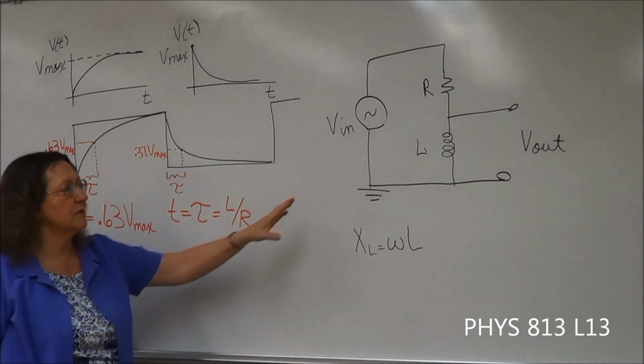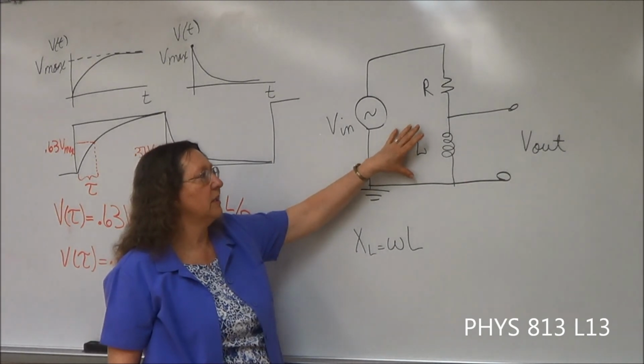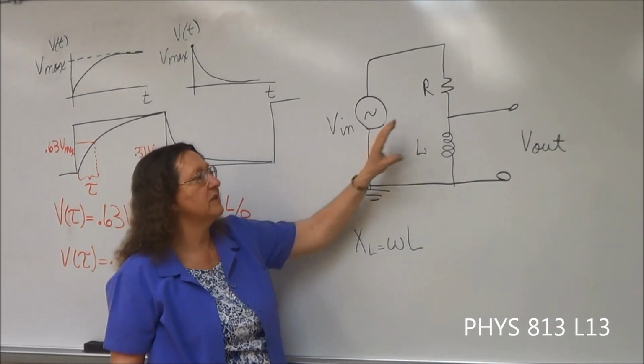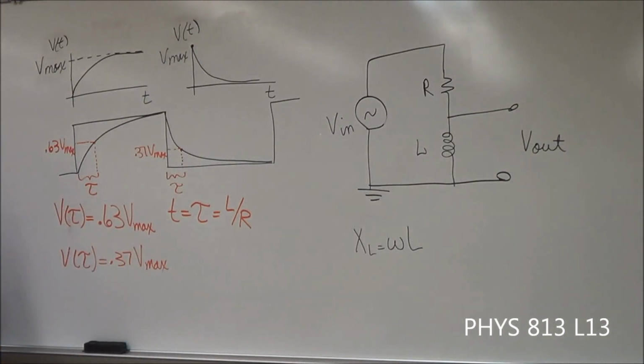So if you were measuring V out, whatever effect you had in the capacitor problem, you would have the opposite effect if you were doing this inductor problem. I still have some problems there for you to work, and you should be able to do those fairly easily once you get the capacitor problems figured out from the last lesson. And I think that's all I'm going to say about that one.